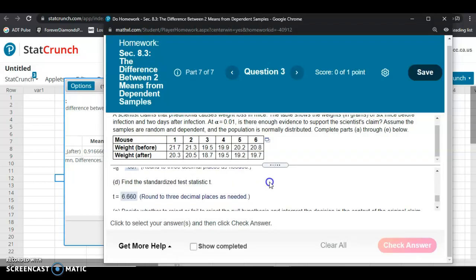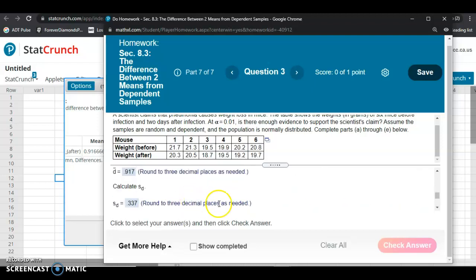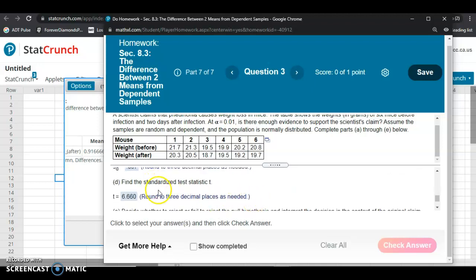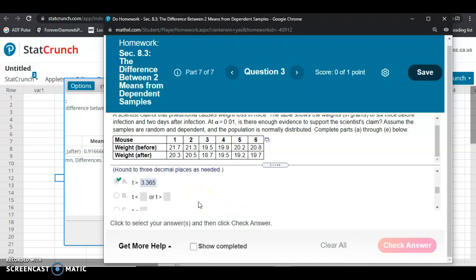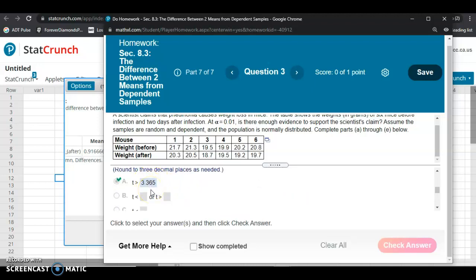Based on that test statistic, we want to know whether to reject or fail to reject the null hypothesis. Remember, this was a right-tailed test, and our test statistic was 6.660. In the previous part of the question, our critical value was 3.365. For a right-tailed test, if your test statistic is greater than the critical value, it puts that test statistic in the rejection region.